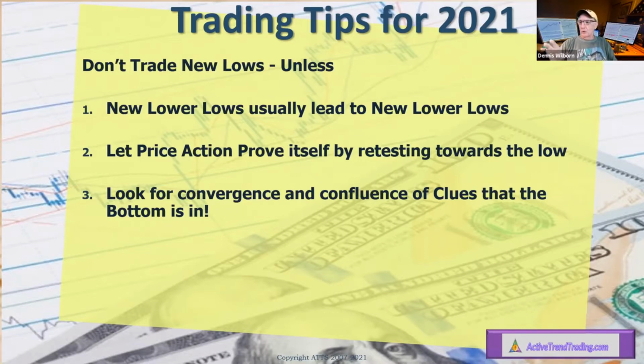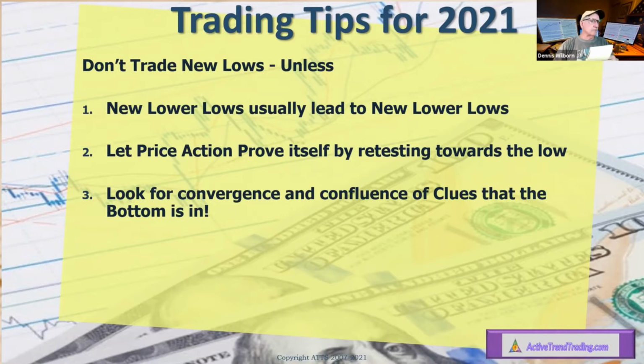I thought that was a really classy and good attention-getting headline. And I'm basically saying the same thing here. Don't trade the new lows, because we've had some new lows. And I'm not talking about the hardware store. I'm talking about new lower lows. Don't trade them, because new lower lows usually lead to new lower lows.